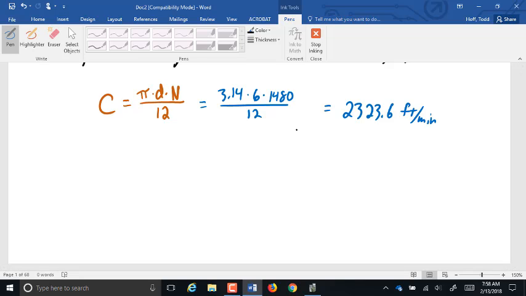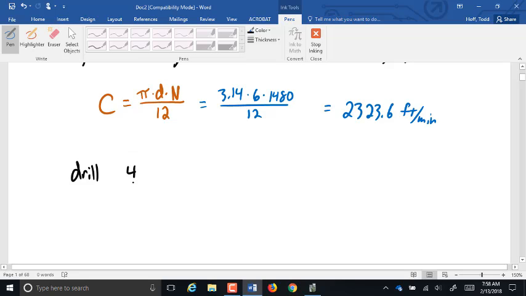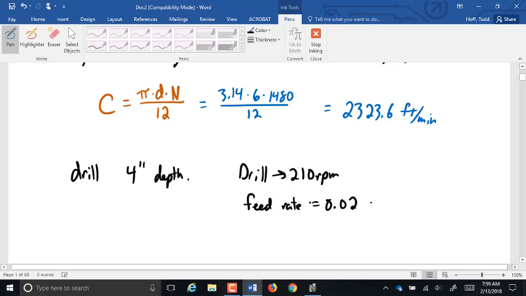Okay, the second one I want to look at. Let's say we want to drill through a 4-inch depth. The drill is moving at 210 RPM and a feed rate of 0.02 of an inch per revolution.